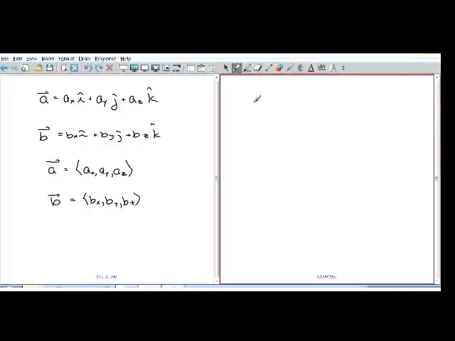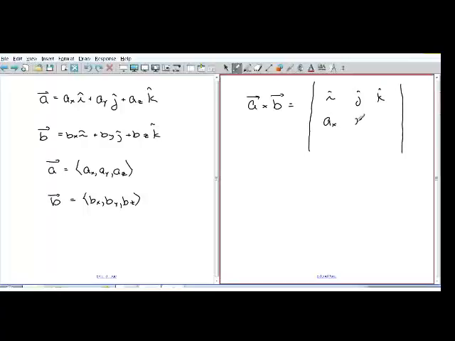And so, let's say we want A cross B. It's important which is first. You make up a determinant. The determinant consists of the unit vectors in the three directions, the x, y, and z direction.